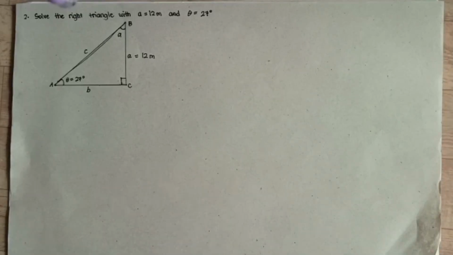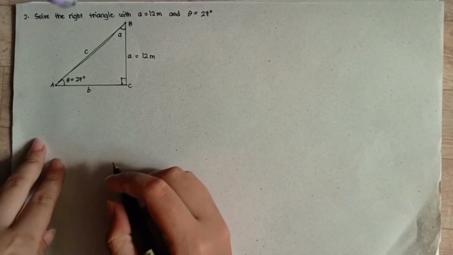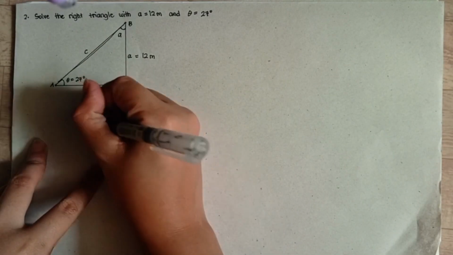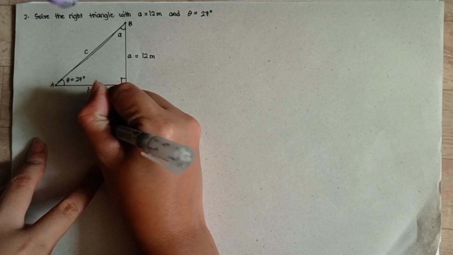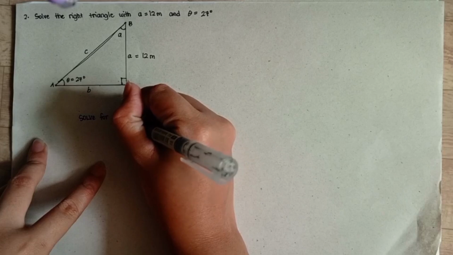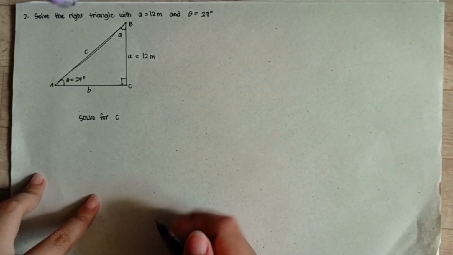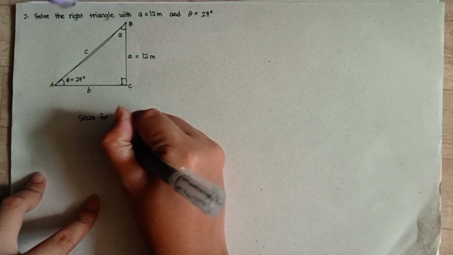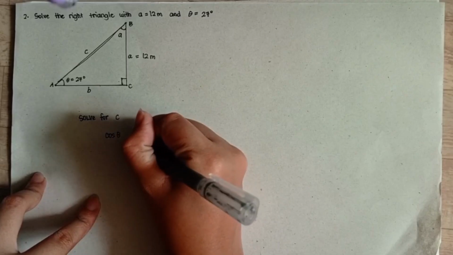In this figure, we are given that side A is equal to 12 meters and angle theta is equal to 27 degrees. Our goal is to find the missing sides and angles of the triangle. First, we draw and label the triangle properly. Now let's solve for side C. We use the cosine ratio because cosine relates the adjacent side and the hypotenuse.